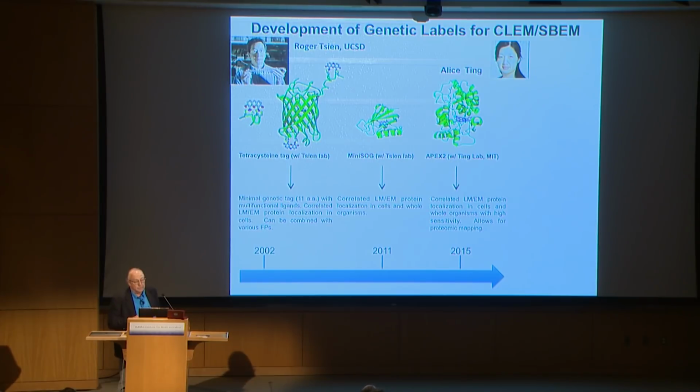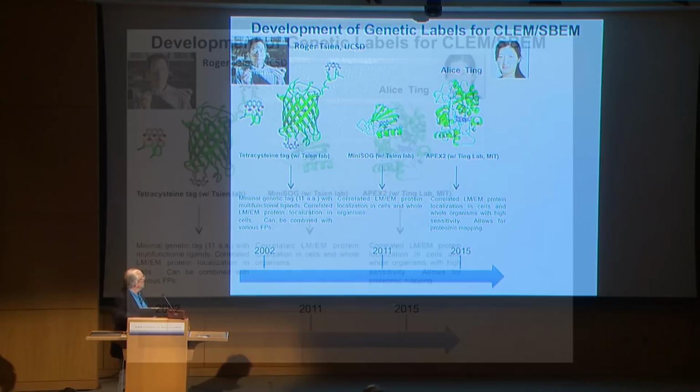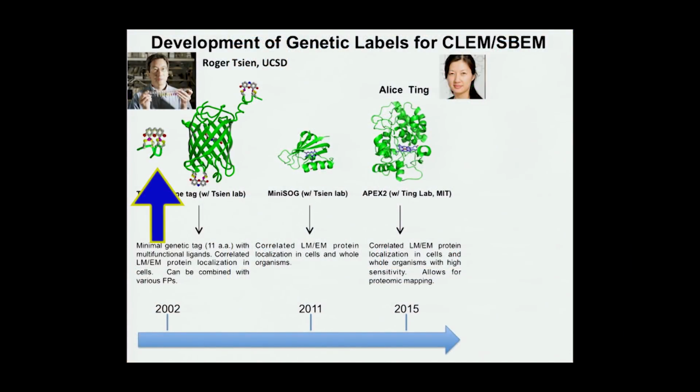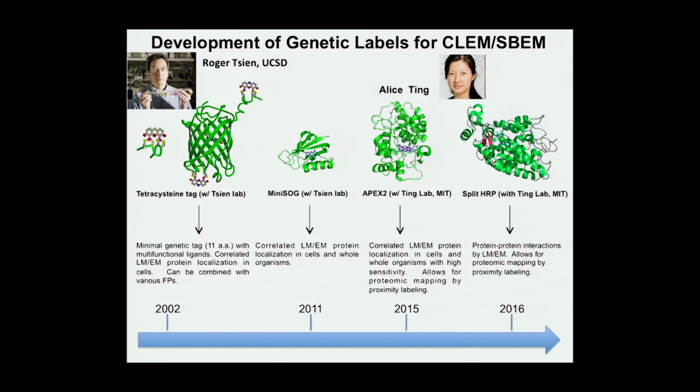But we've done that through the benefit of a long collaboration with Roger Tsien from about the time Roger came to UCSD, even before the fluorescent proteins, but then with families of proteins, coming up with ways of marking genetically for EM, and then ultimately with Alice Ting, APEX, which is a small peroxidase.